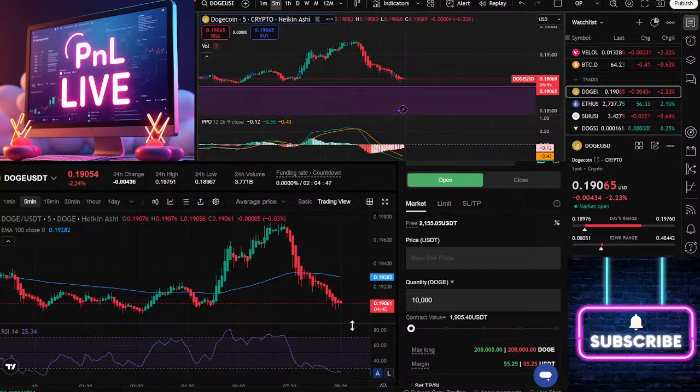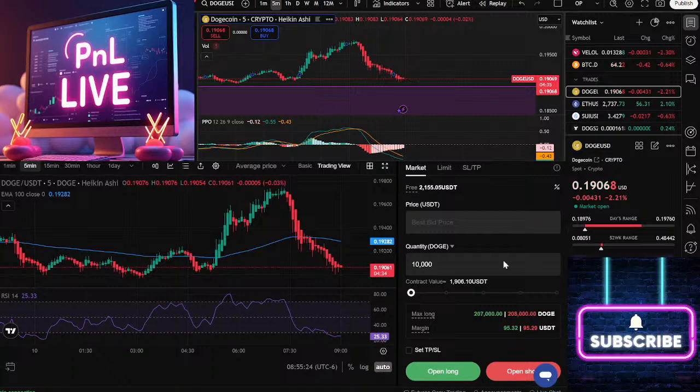That's what that one is. But we're looking for a good doji. We're looking for a strong doji. We got a good strong hammer though.